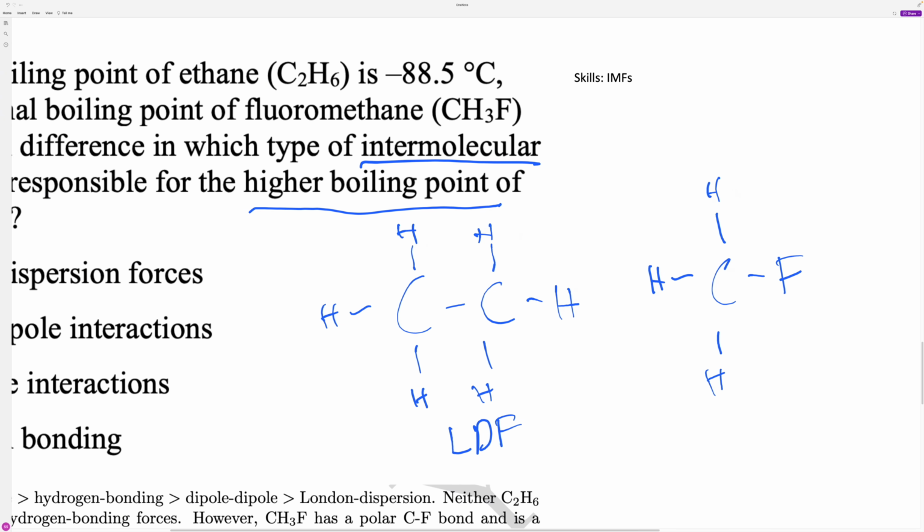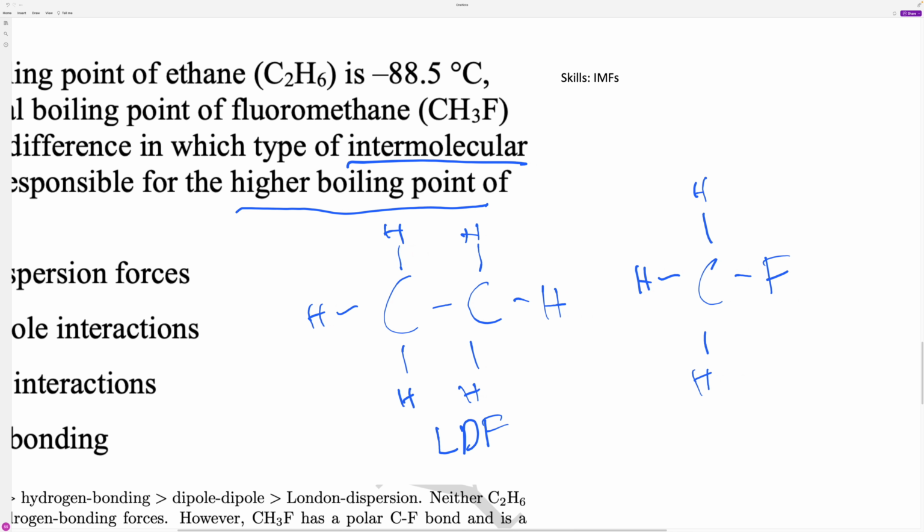And for fluoromethane, there is actually a dipole moment here because fluorine is more electronegative than carbon. So we're going to see a shift in the balance of electrons. This is going to have dipole forces because the dipole moments don't cancel out, so it has both London dispersion forces and dipole forces.